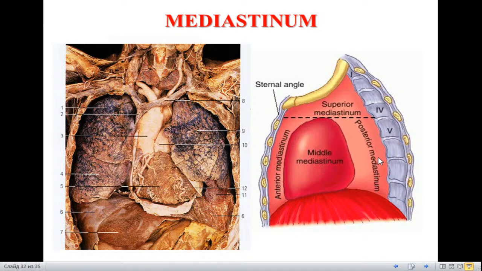In the inferior mediastinum, the anterior mediastinum has lymphatic nodes.